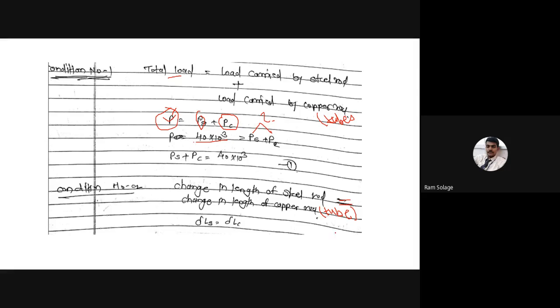Therefore, delta LS is equal to delta LC. Total deformation of the steel rod is equal to the total deformation of the copper tube.